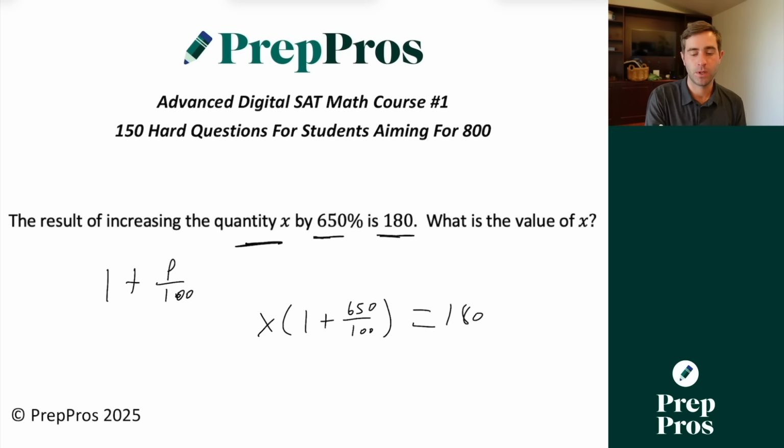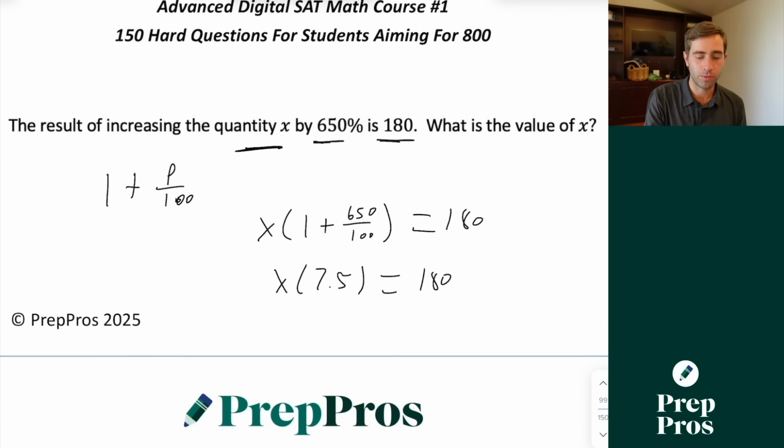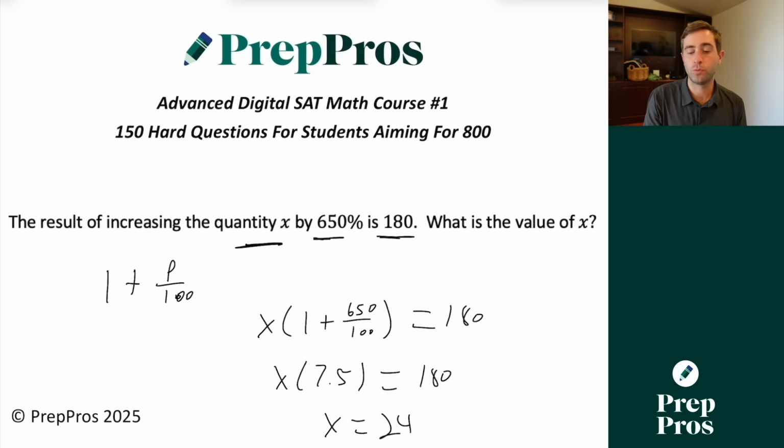So this would give us that X times 7.5 equals 180. And then we can go through very easily and we can figure out that X is 24. The super common mistake is students instead will think this is 6.5x is equal to 180, and then they'll find the wrong answer.